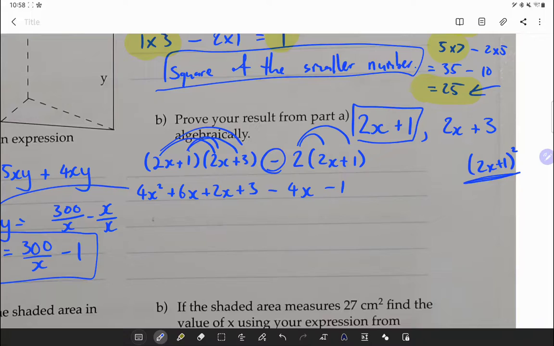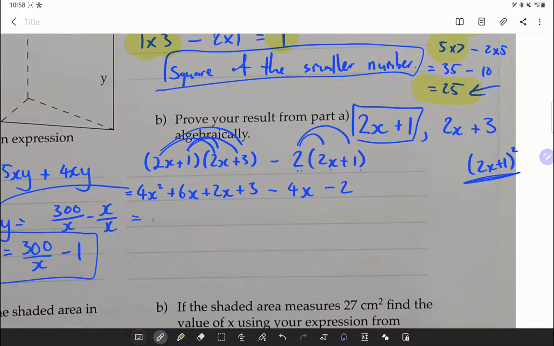Remember it's minus, because we're minusing this whole thing here. So if you forget about the negative sign, 2 times 2x is 4x, 2 times 1 is 2. However, because we're minusing the whole thing, we're minusing both of these terms that we got out of it. Anyway, carrying on.